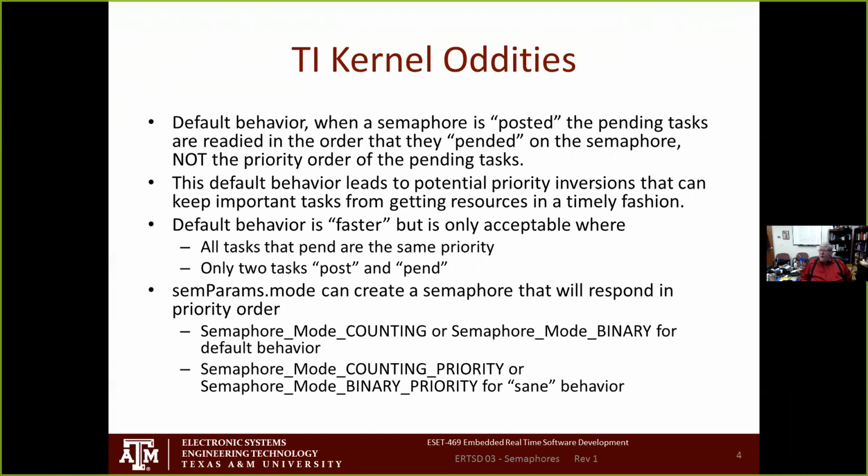When you do the semaphore create, there's a flag that you set, and instead of using the semaphore mode counting or semaphore mode binary, you add the underscore priority to those two constants, and that gives you priority behavior for your semaphores.